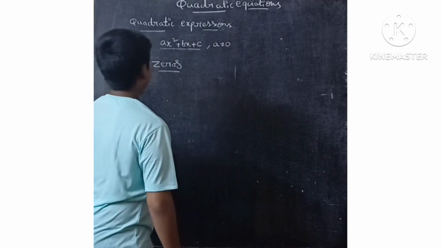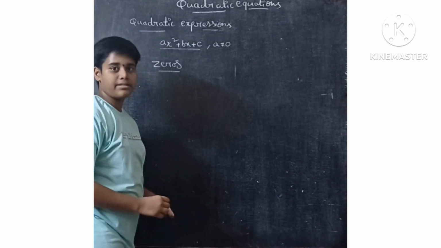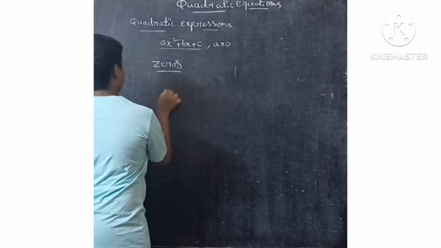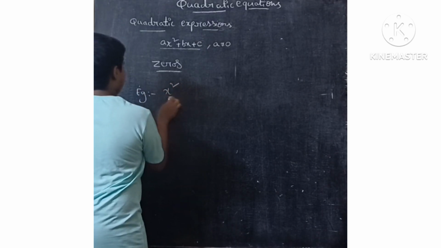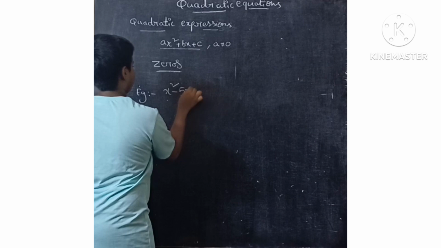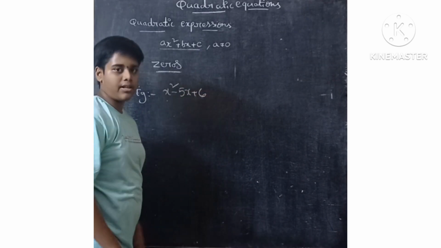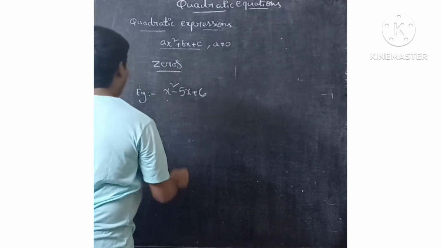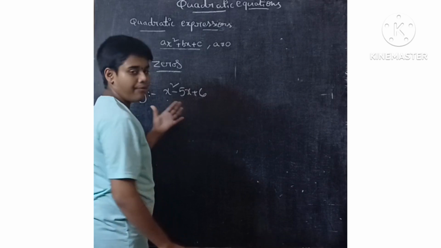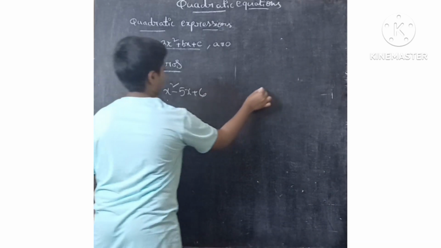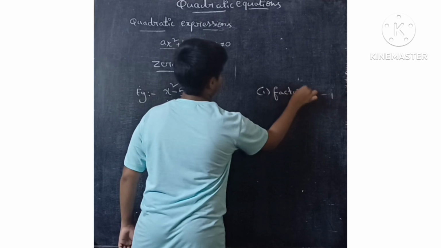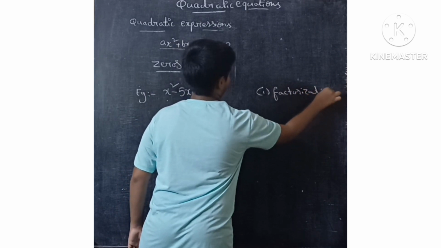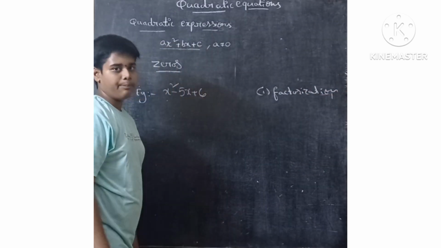And here, how to find a quadratic expression's zeros. If any expression is there like this, x square minus 5x plus 6, this is a quadratic expression. How to find zeros? One method is factorization, which means splitting the middle term.